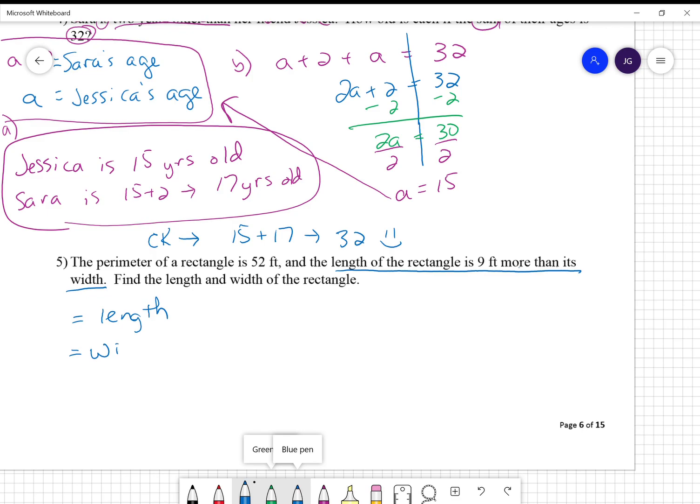My two unknowns are length and width. Which one is plain old X? Since length is being compared to width, in this problem, width is X. And since length is 9 more than width, that would be X plus 9. There's step A.